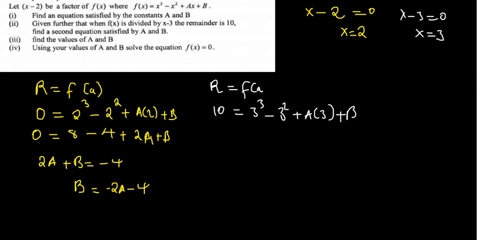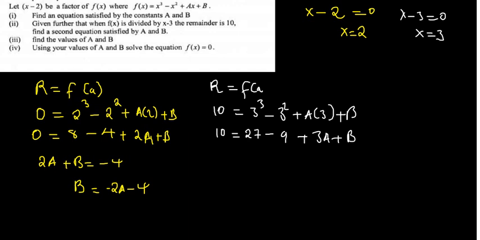Okay, so here we'll continue. We'll say 10 is equal to 3 to the power 3, that is a 27, and then minus 3 to the power 2 is what? It's a 9, and then plus 3a plus b. So 27 minus 9, this is 18, isn't it?